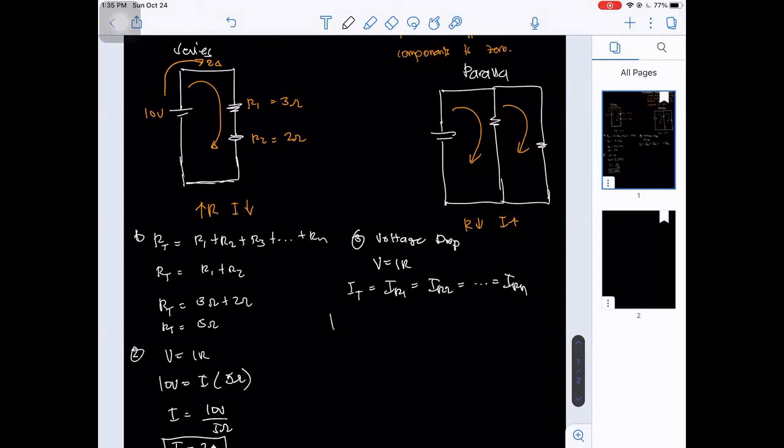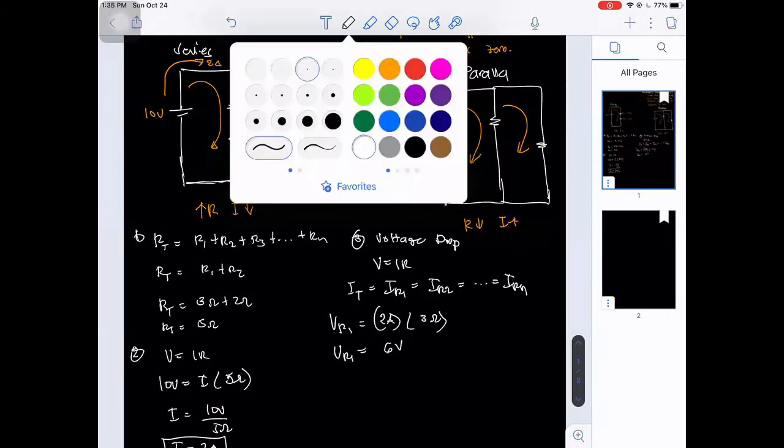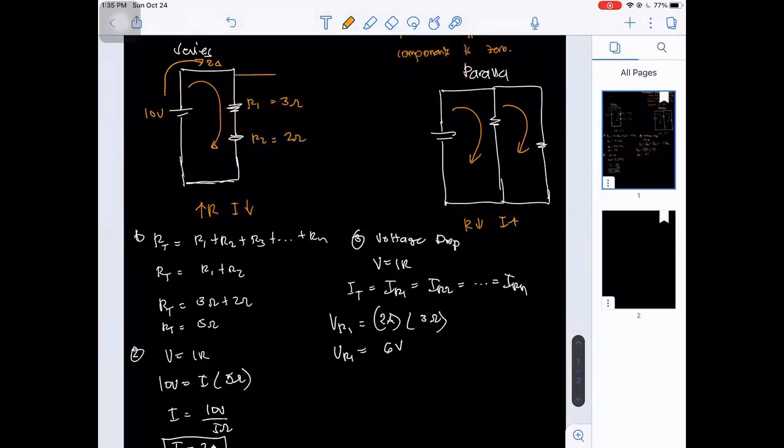Here we have VR1, the voltage drop across resistor 1, equal to the 2 amperes multiplied by the resistance, which is 3 ohms. So VR1 is equivalent to 6 volts. Here, this is now the 6 volts.